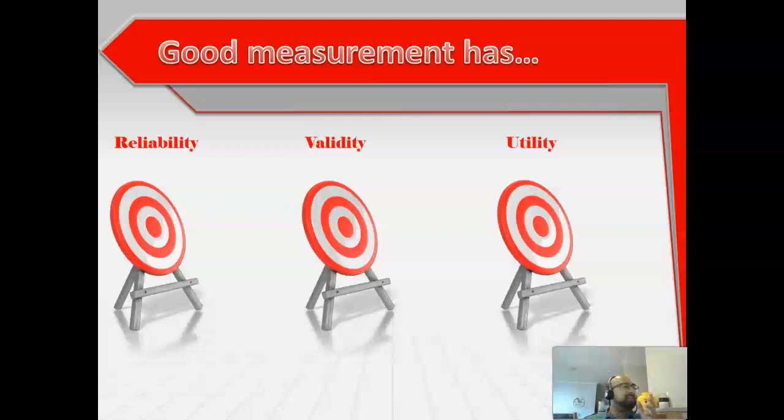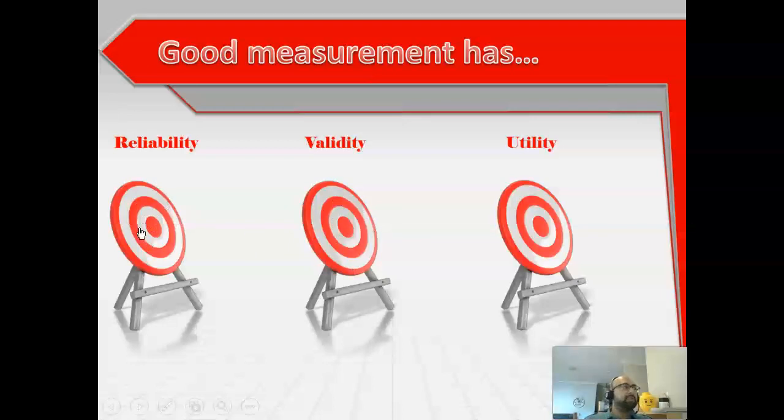Now, class, there are 3 broad aspects of good measurement. Reliability, validity, and utility. Reliability, class, refers to the consistency of the measurement. Does the measure have minimal random noise? Validity refers to the accuracy of the measurement. Does the measure have minimal systematic noise or systematic bias?